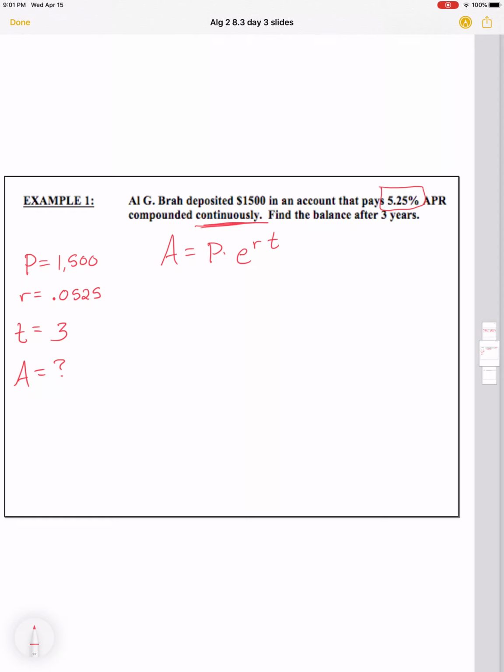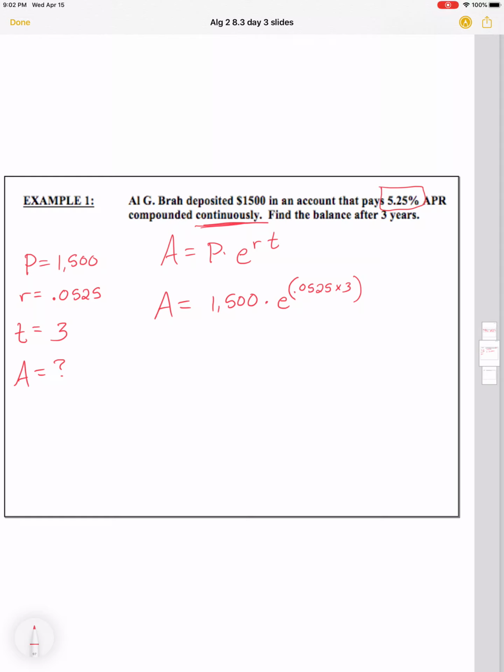So now we take our equation and we substitute in these values. So A equals 1,500 times e to the 0.0525 times 3 power. And when you use your calculator, you're going to want the parentheses to be around those two numbers.